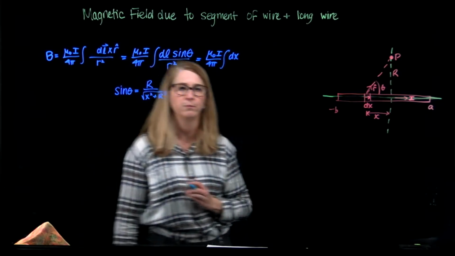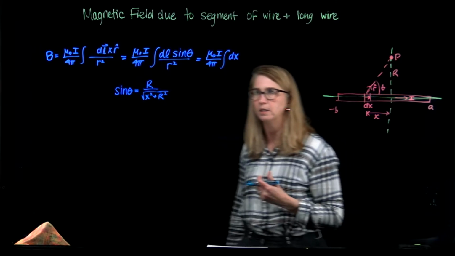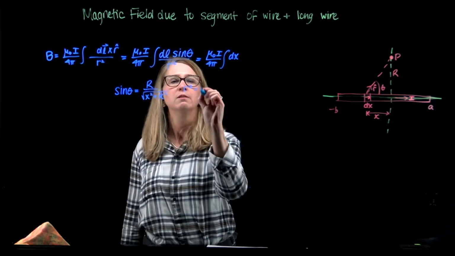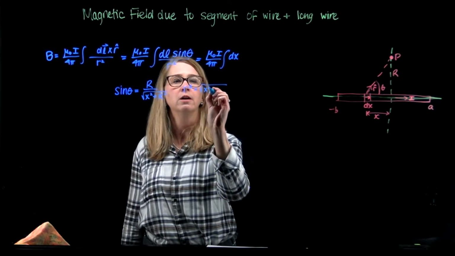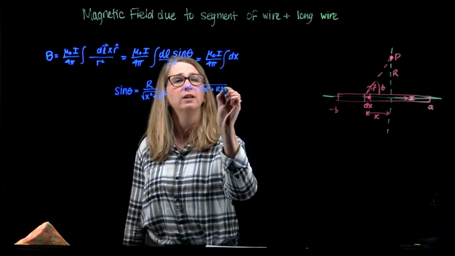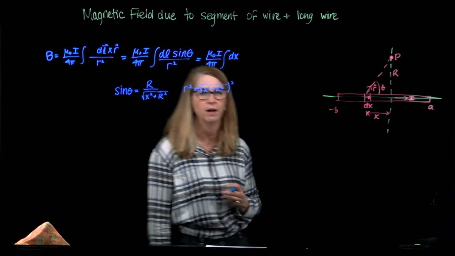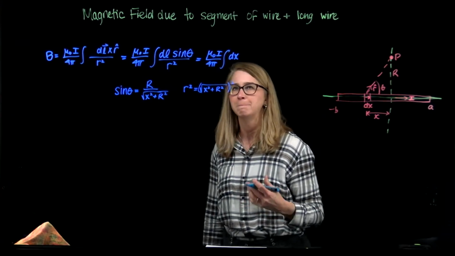So that's how I can write the sine of theta. And I actually kind of already wrote the relationship for little r and our other quantities: little r squared is x squared plus R squared, which gets rid of the radical. But I had already written the radical, so I just left it there.